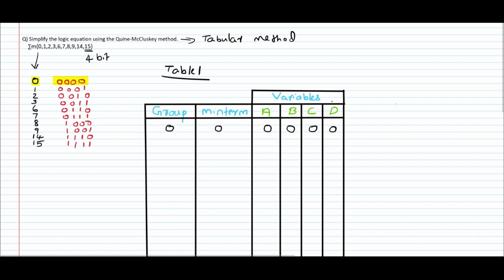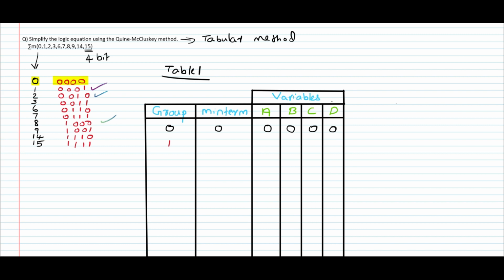Next, we will see group 1. Group 1 means min terms having only one 1. So we will see this. We have 1, it contains only one 1. 2, it contains only one 1. Then 8, it contains only one 1.